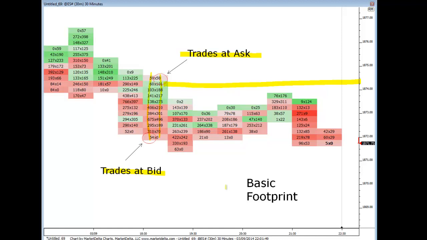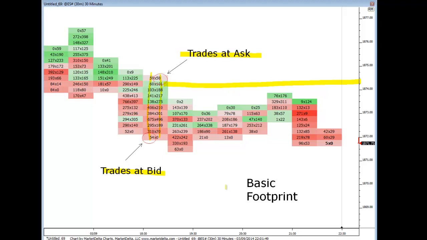So be very careful with that, assuming that all the trades at the ask are really buyers and all the trades at the bid are sellers. There are many times in the market where buyers will put a limit order and will buy at the bid. They are responsive buyers, and at the same time, there are responsive sellers that will sell at the ask. So be careful with that gross generalization. It's often used, but it can be tricky.